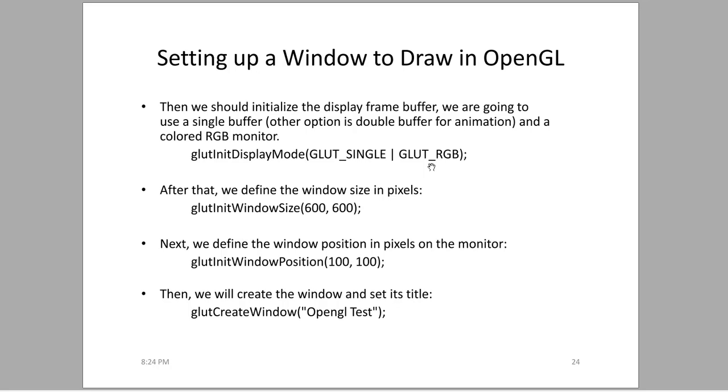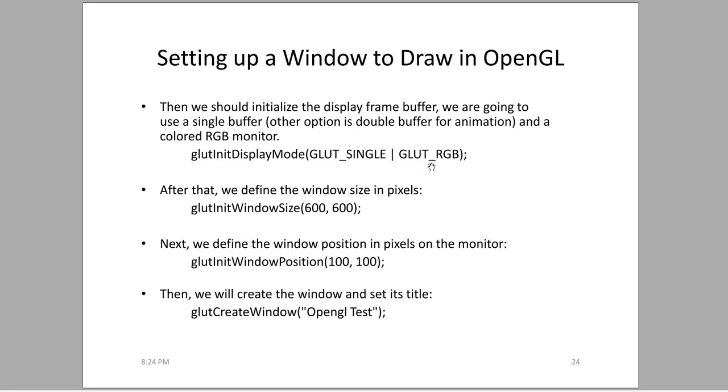Don't worry about how it works now, but it means that we want to set a display mode, and we have two options: we pass single or double. Here we pass single, and we have RGB and some other types of display systems. We use just the RGB color model.